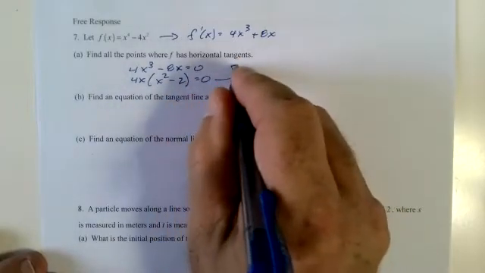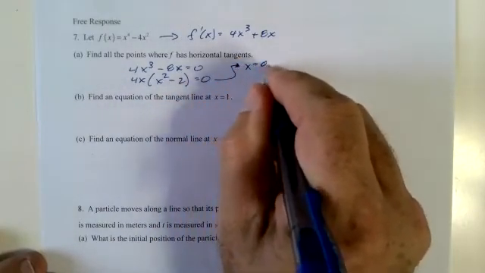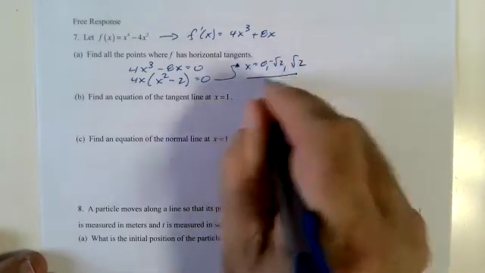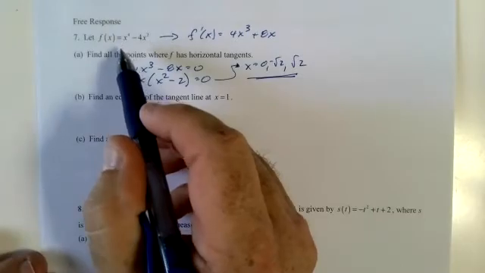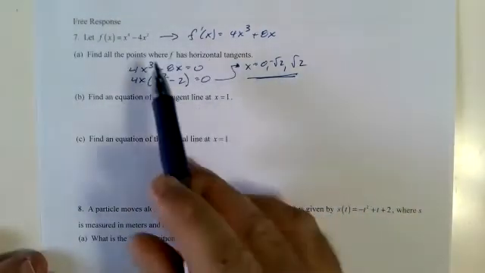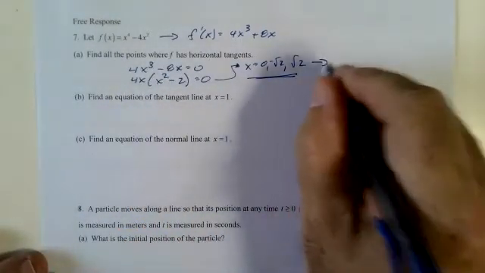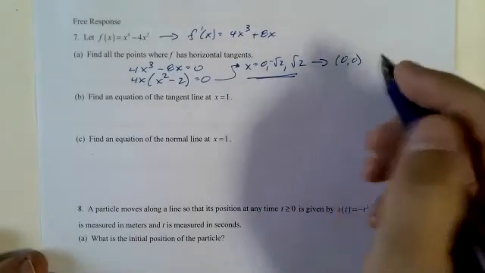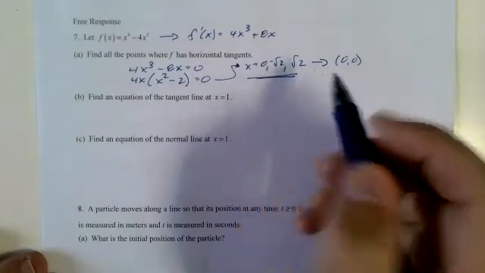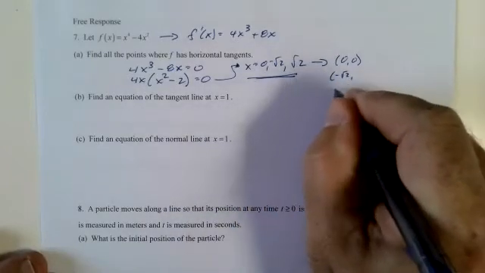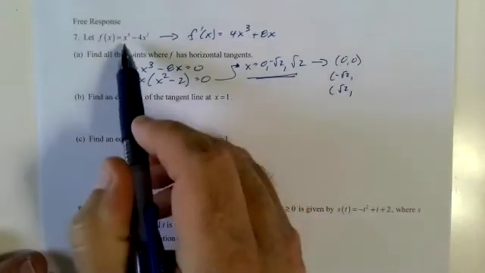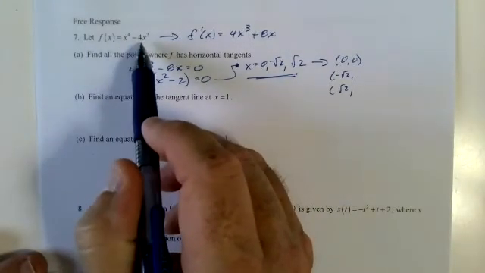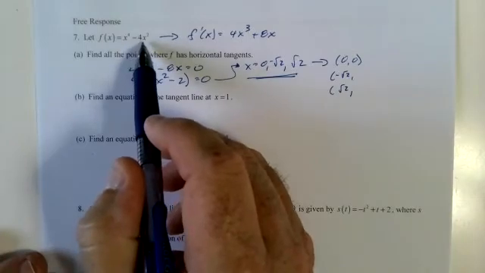So x equals 0, square root of 2, negative square root of 2. Really should be plugging those back in, but I'm going to be a little lazy right now. No, I'm not. 0, 0. Same answer out of either one, so negative root 2, root 2. Root 2 times root 2 is 2, times 2 is 4. 4 minus 4 times 2, negative 4.